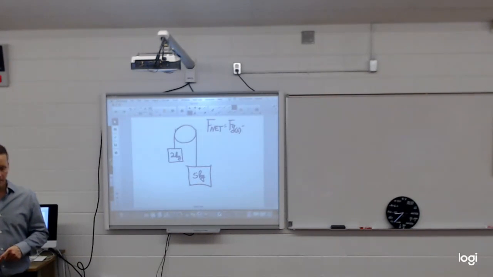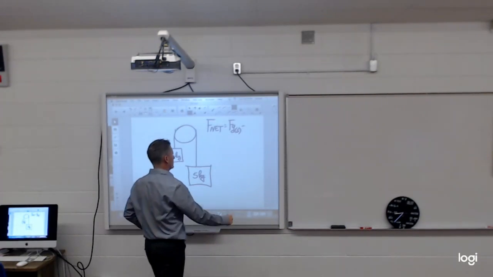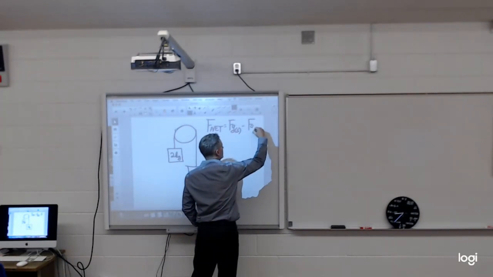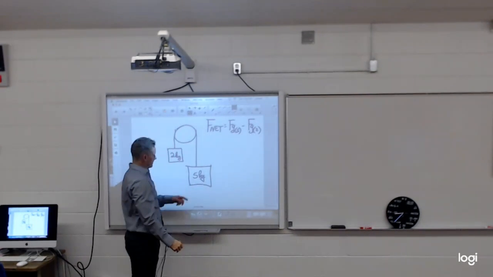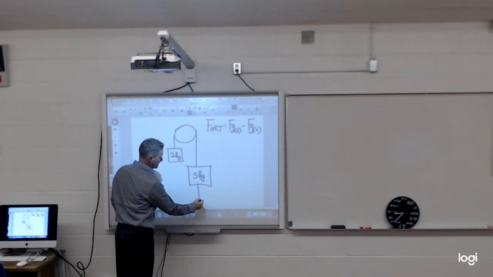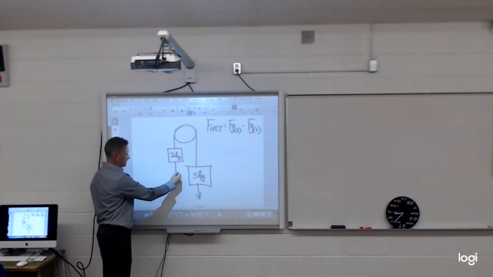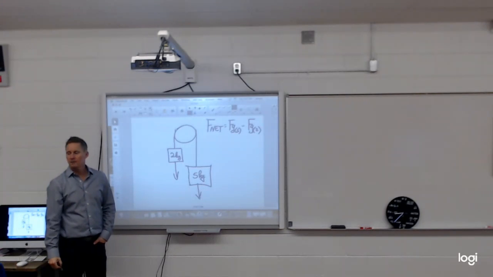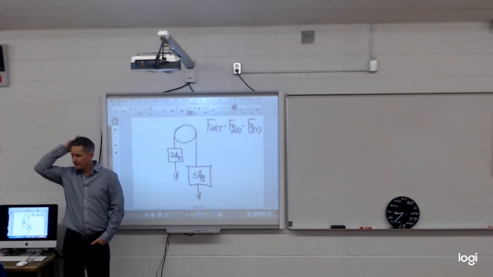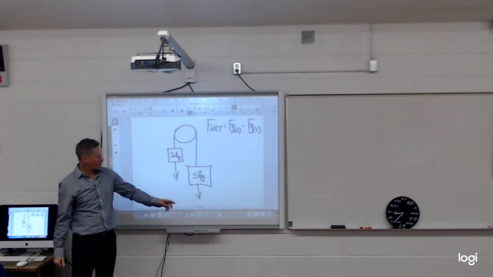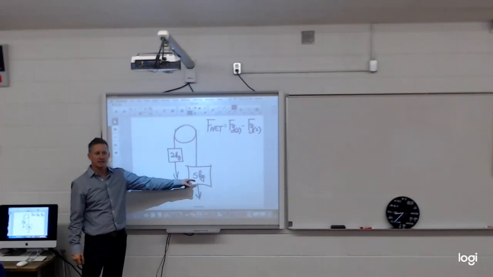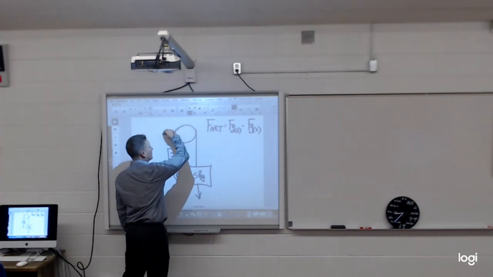Gravity of the 2. Force of gravity on the 2. If you look at it like this, which way is this guy going? Well, he's going that way. Which way is this guy going? Well, he's going that way as well. After you let the 5 go, the larger mass is going to take over in this case, and it's going to force it to go in this direction.